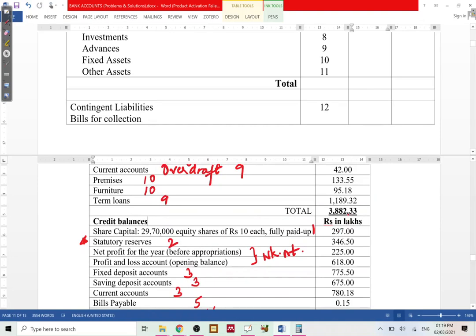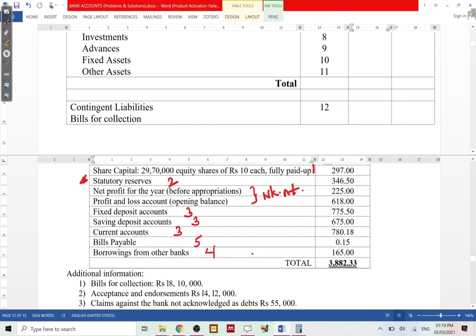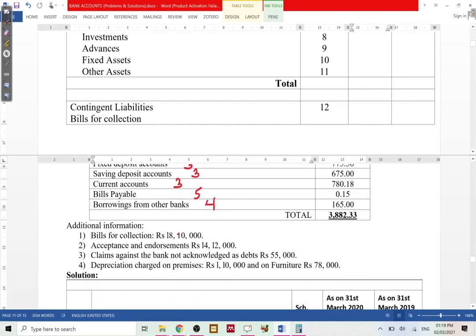Now this is in lakhs. These all are in lakhs, so you'll have to reduce it further. So if it is 18 lakh 10,000, it will be written as 18.1 lakh. You have to reduce it by those many digits. So this is of course going to the balance sheet over here with no schedule number, but it is additional information.